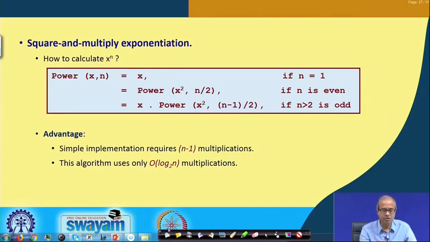So, if you are not using this efficient method and you are calculating x to the power n, then you need n minus 1 multiplications. But if you use this technique, then the number gets drastically reduced to approximately the order of log n multiplications, log n to the base 2. So, it becomes much faster.